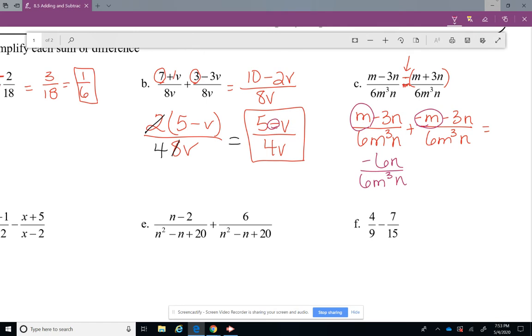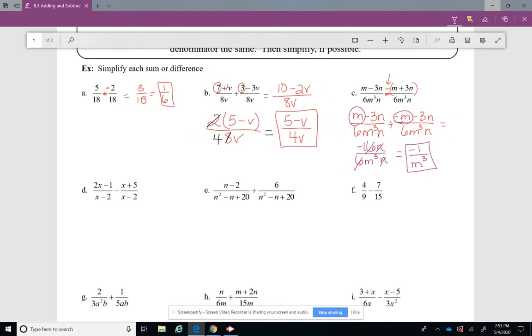If you have a minus or a plus sign in between two expressions, you can't cancel. But here, there is not a minus or plus sign in between two expressions. So what we can do is we can cancel the 6's, we can cancel the n's, but remember, I always said there's still a 1 up there. So that's going to be negative 1 over m cubed.